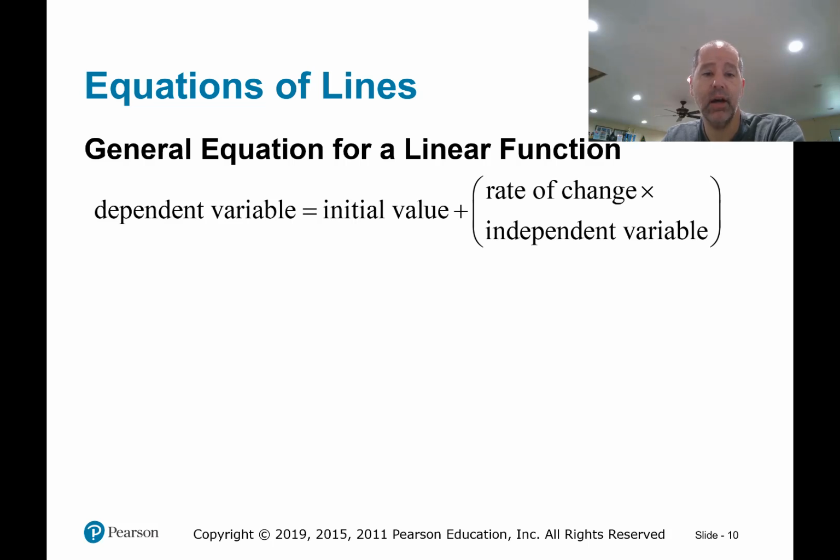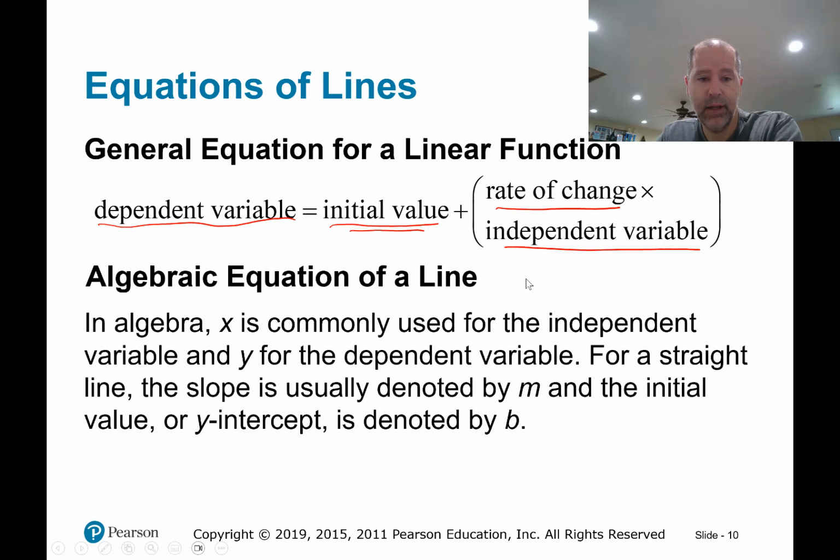Now, the general equation of a linear function is given by this. The dependent variable is equal to the initial value plus the rate of change multiplied by the independent variable. Okay, so now we're putting it all together to form the general equation of a linear function. So the algebraic equation of a line, we use x commonly for the independent variable, like I said before, and y is used for the dependent variable.